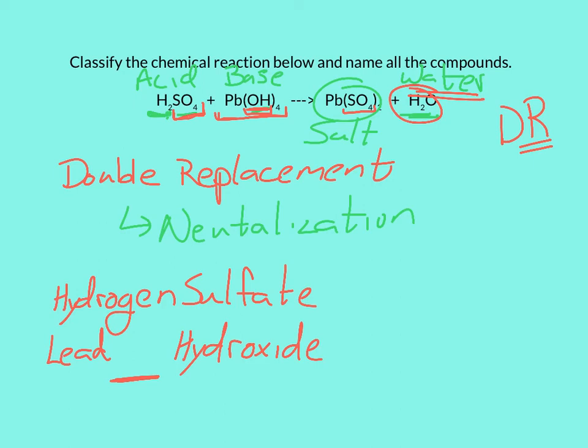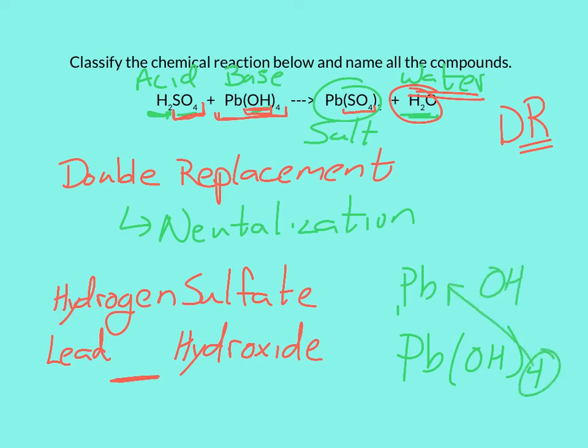So let's do a little reverse crossover here. So Pb OH4. Now, if I reverse crossover, this 4 actually came from up here on lead. There's a 1 understood here that came from hydroxide.